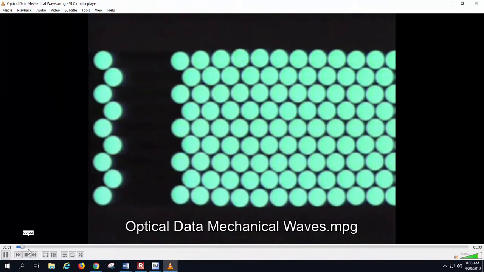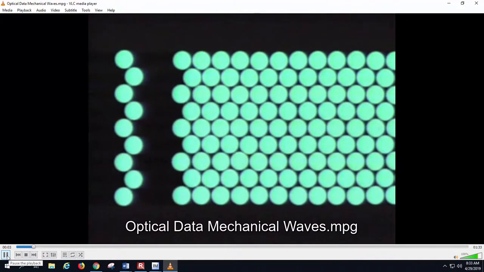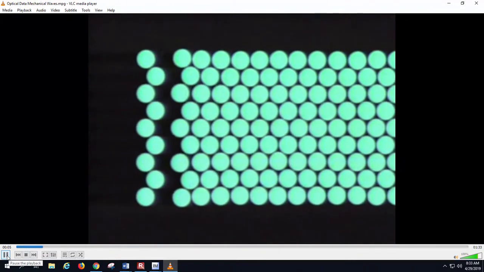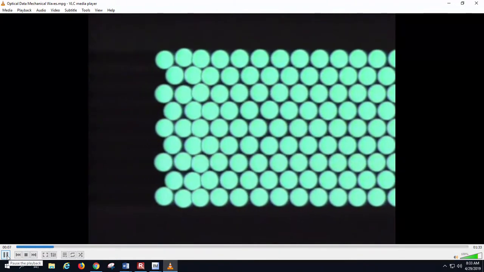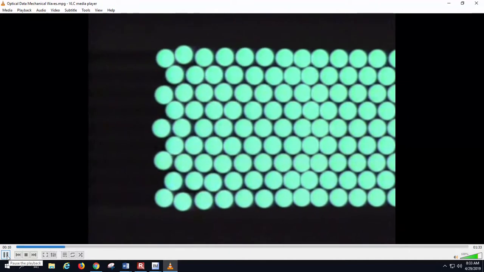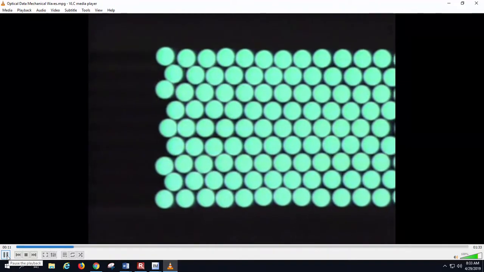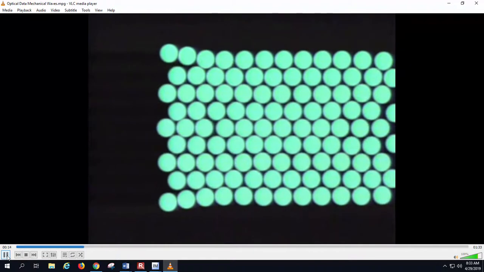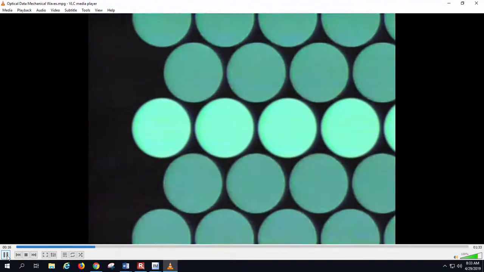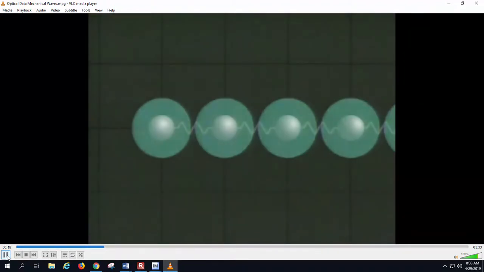Mechanical waves or impulses pass through a crystal from atom to atom because each atom is bound to an equilibrium position by electrical forces. When disturbed, they act mechanically, exactly like masses connected by springs.